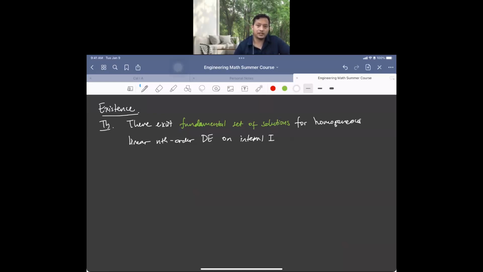Okay. So for every homogeneous linear DE, there will always be a fundamental set of solutions. Okay, I think that's simple.